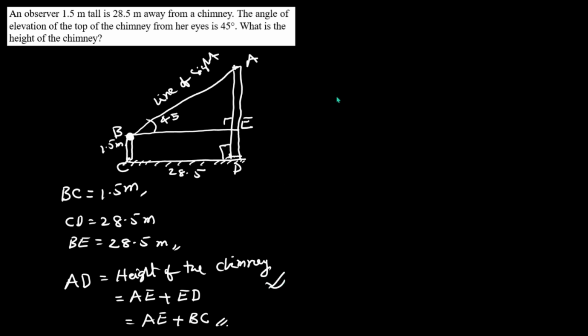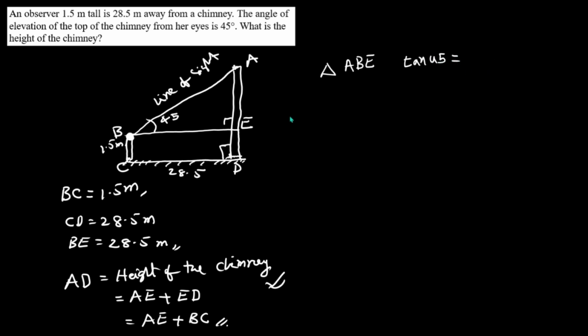So let's take the triangle ABE. And if you take tan 45, what is tan 45? Tan 45 is opposite side by adjacent side.